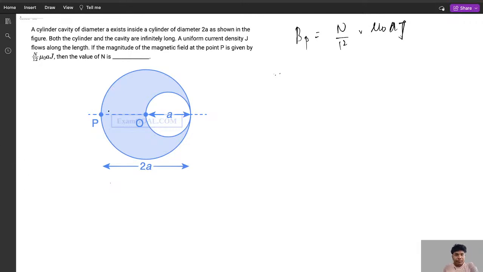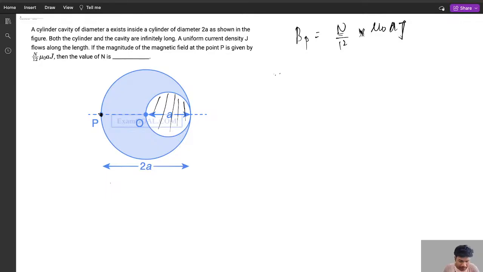Okay. So the magnitude of the magnetic field is given to us as N by 12 times mu naught AJ. We have to find the value of N, that is capital N. So there is an infinitely long cylinder of diameter 2A, and there is a cavity, this one, of diameter A. Now we have to find the magnetic field at point P, right?